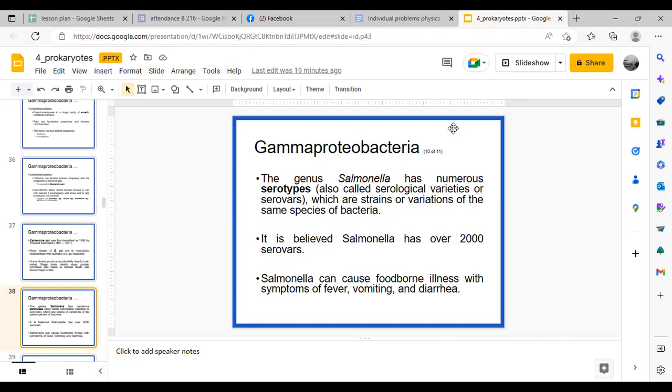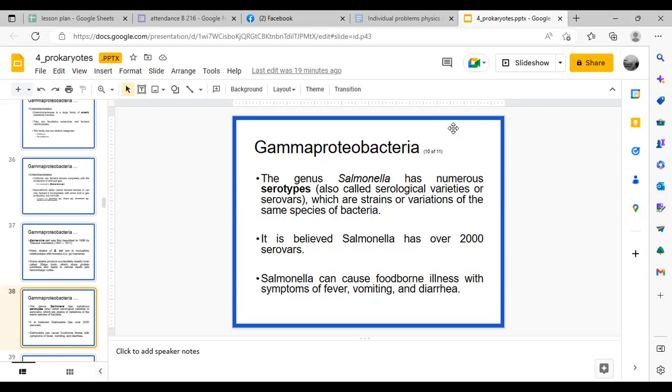Okay, Salmonella, you have various serotypes, meaning yung sa serum mo, iba-iba yung mag-appear na serological varieties. These are strains or variations of the same species of bacteria. You have over 2,000 serovars. Alam natin it can cause food poisoning, so you have foodborne illness.